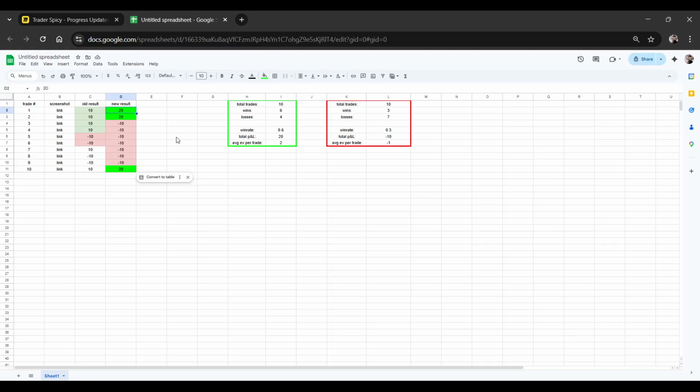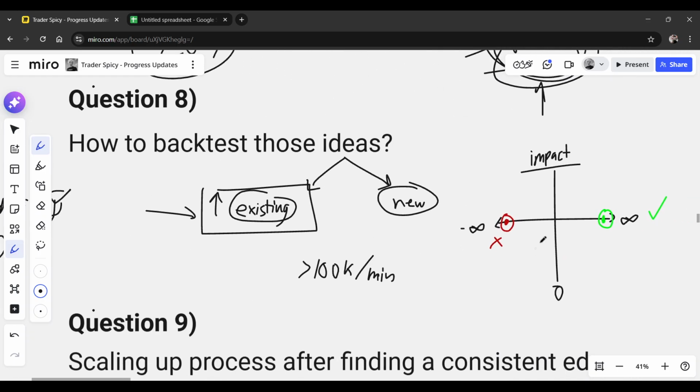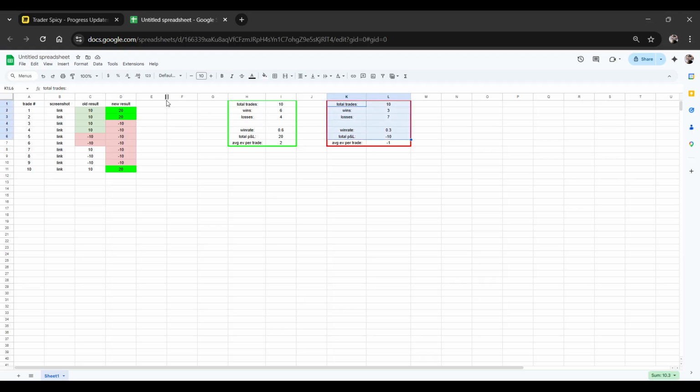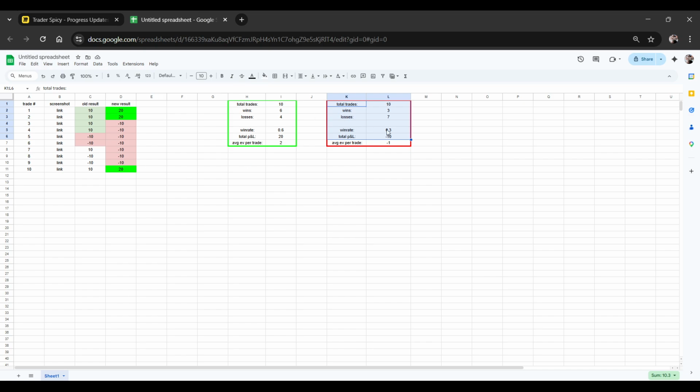So I would have lost money. And therefore, by looking at these two results, we can say, well, okay, if I did X instead of Y, I would have got a worse result. Therefore, I probably should not go for wider targets, right? Because it literally would make me lose more.